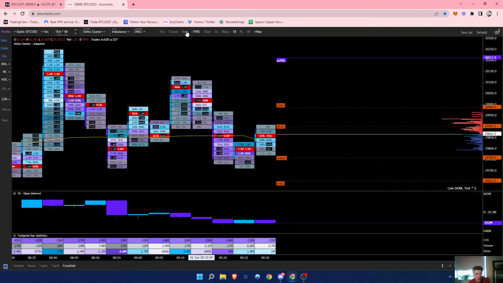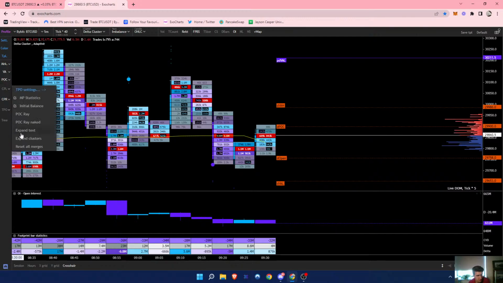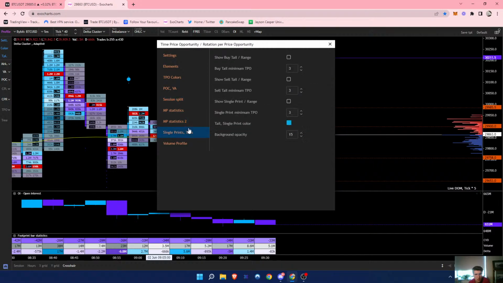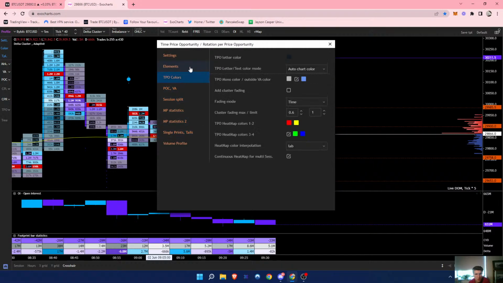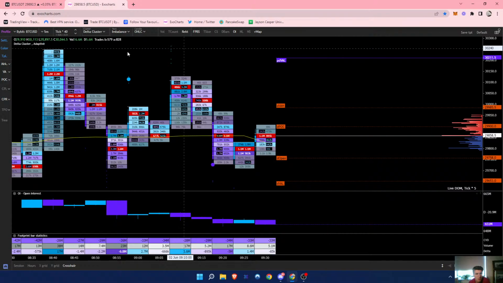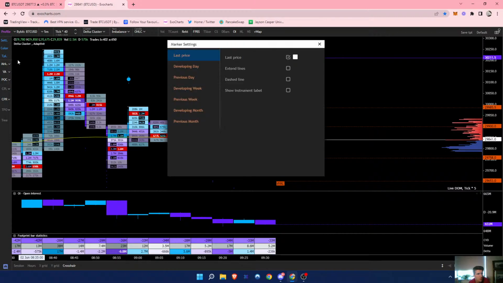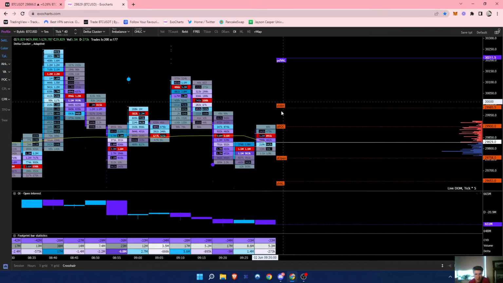And again, you can turn on and off the liquidations by turning on rect. And you can change the rect settings in, I believe, TPO settings. Let's see here. I know I was monkeying with it before. So in marker settings, you can change like the values you see right here on the chart.